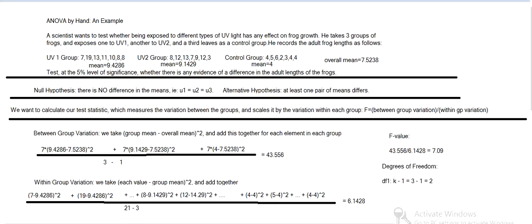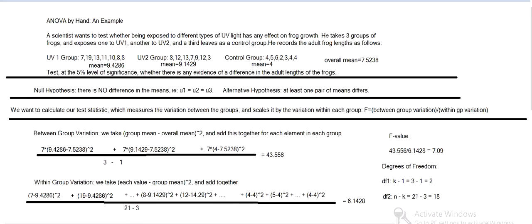Then we can calculate the critical F, for which we need the degrees of freedom. The between group degrees of freedom is the number of groups minus 1, so 3 minus 1, or 2. The within group degrees of freedom is the total number of frogs minus the number of groups, so n minus k is 18.